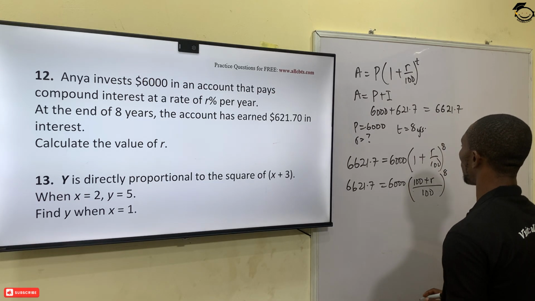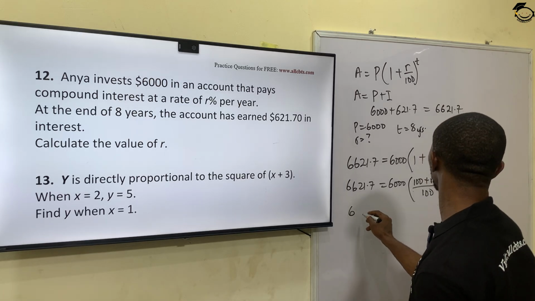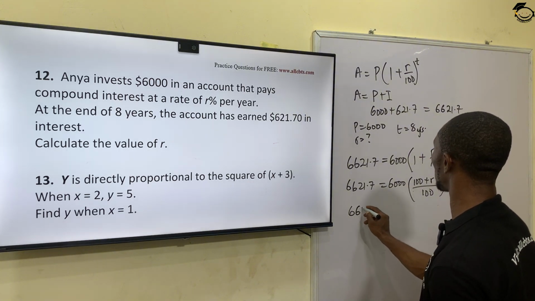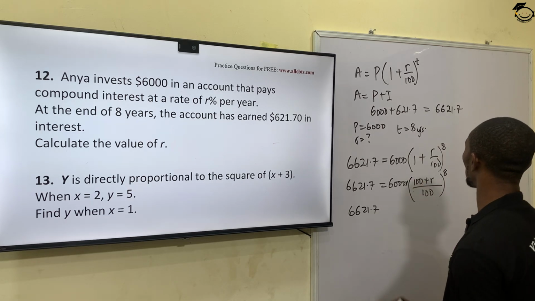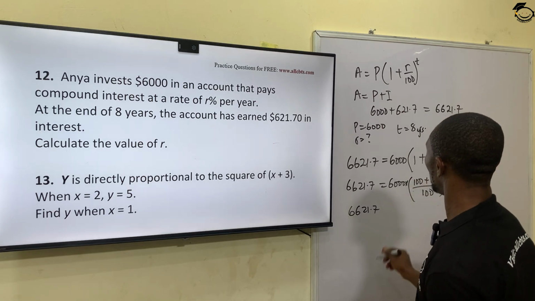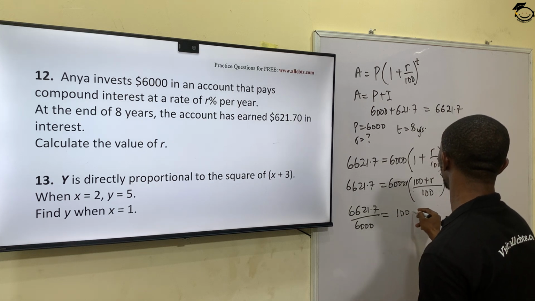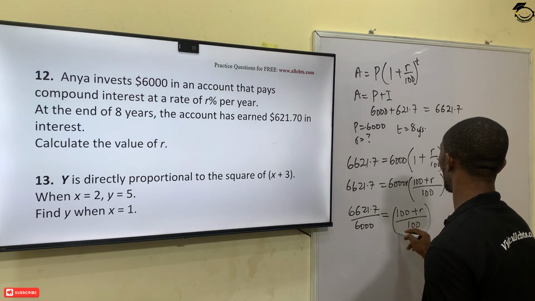So from here we can clear this bracket. First off, we can divide both sides: 6621.7 divided by 6,000, since this is multiplying here, equals 100 plus r over 100 all raised to power 8.